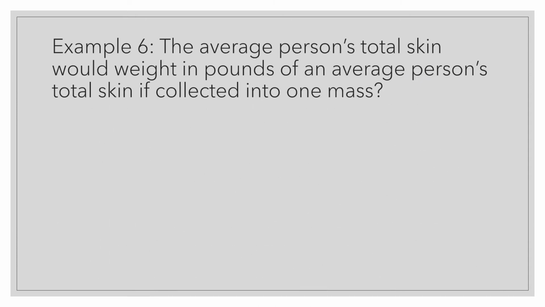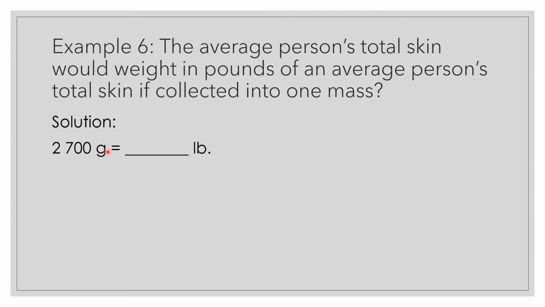Example number 6. What is the weight in pounds of an average person's total skin if collected into one mass? Solution. 2,700 grams.